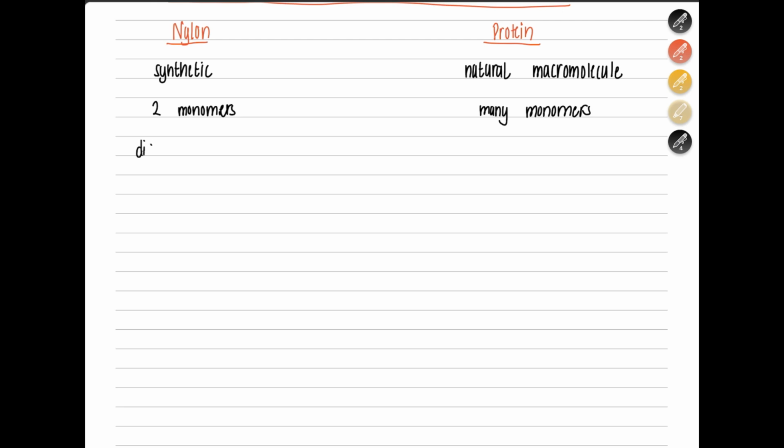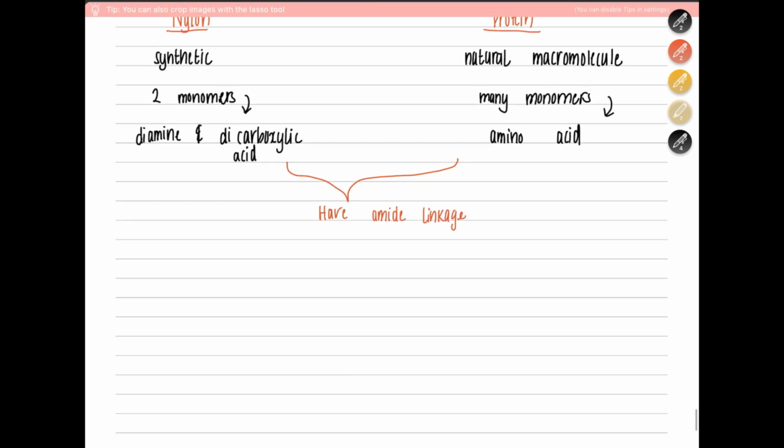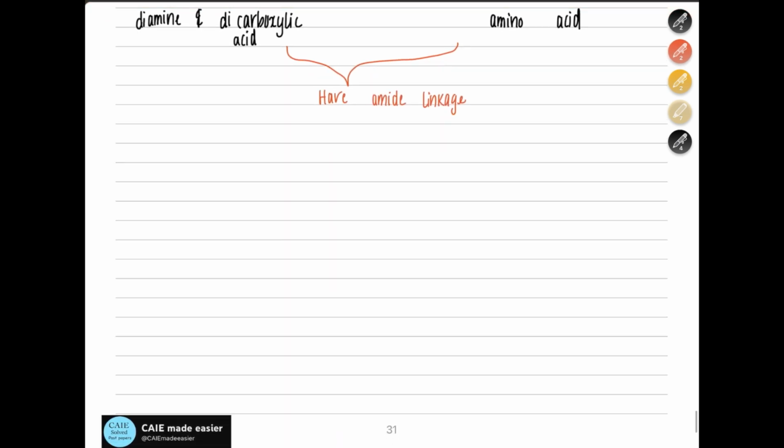As I just mentioned, a diamine and a dicarboxylic acid, while the monomers of protein are amino acids. The similarity of both of them is that both have an amide linkage.